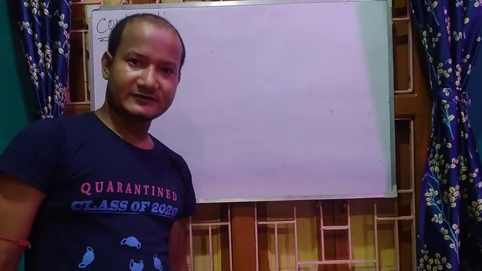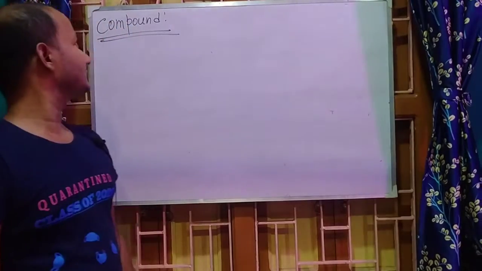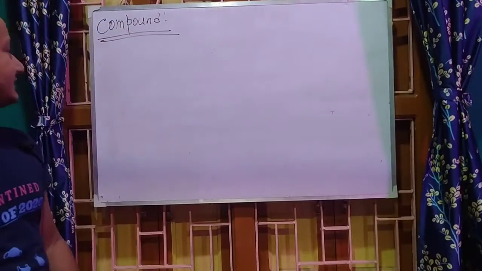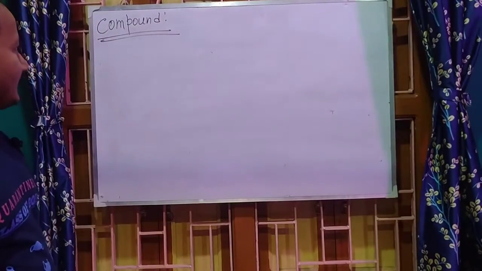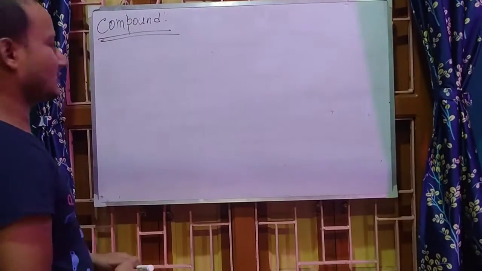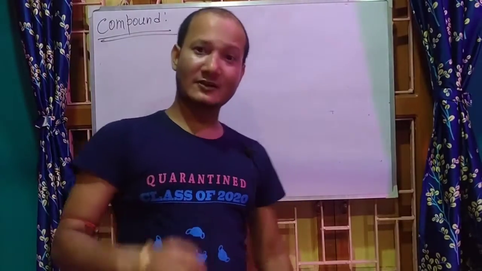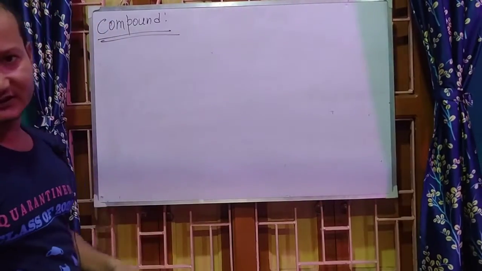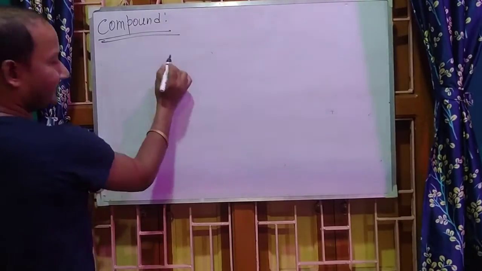It is a kind of sentence that is formed by using main clauses, and these main clauses are connected with coordinate conjunctions. In this sentence you will find all main clauses connected with the help of coordinate conjunctions. Just look at the board, and I am giving you some examples.